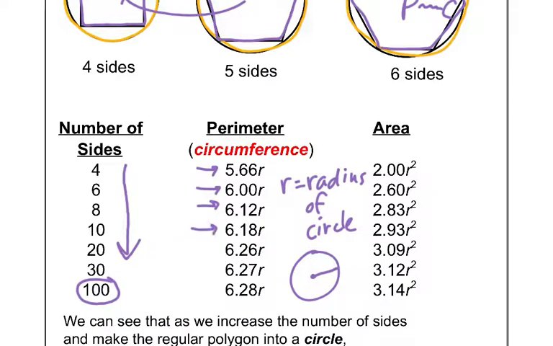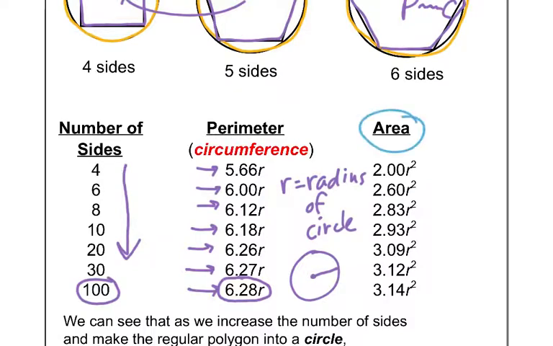Okay, 10 sides. 20 sides inside the circle. Look at the perimeter of each of these shapes in purple. Look at that. And so we get 6.28 times R. And for those of you who know that number, you might know that we can write it in a different way. Okay, hold that thought. We're going to come back to that in just a sec.